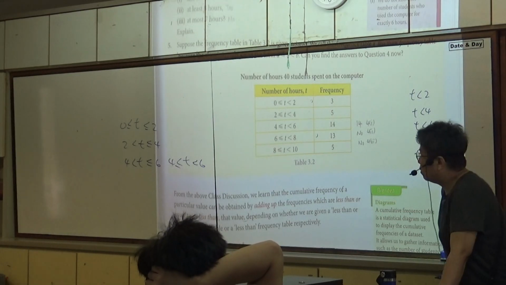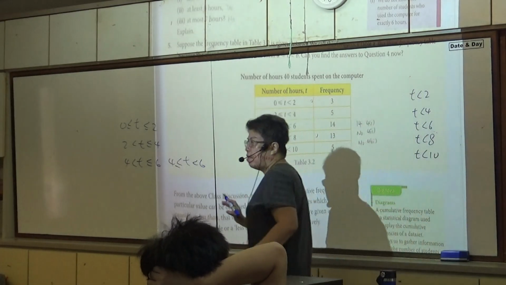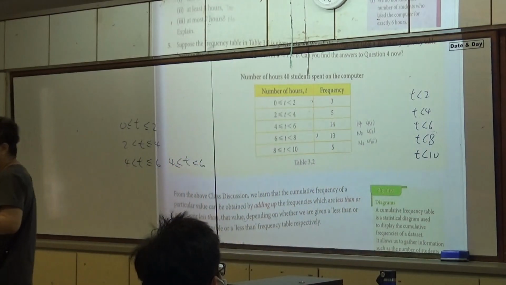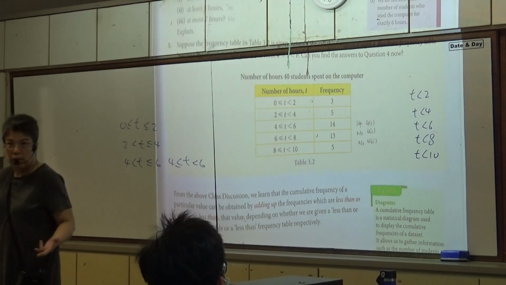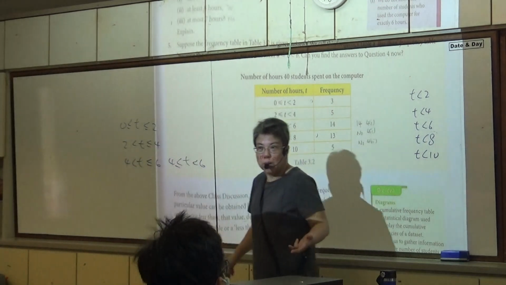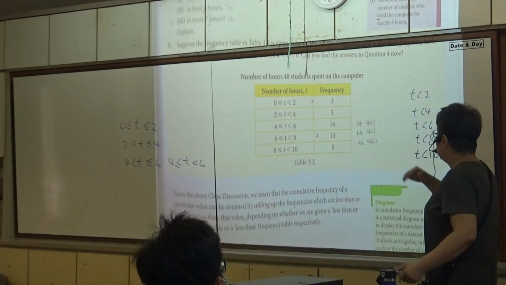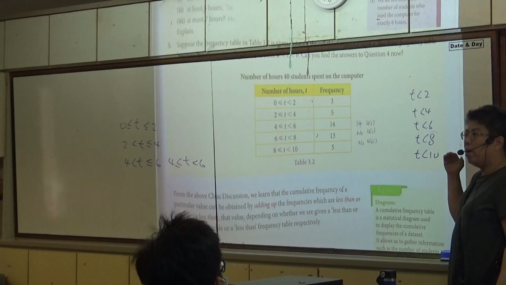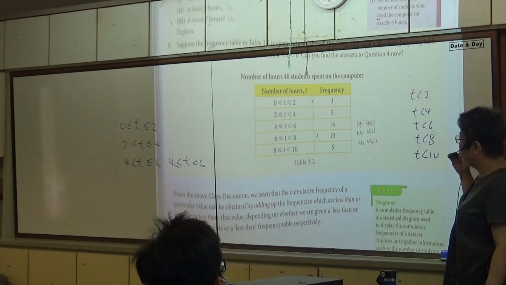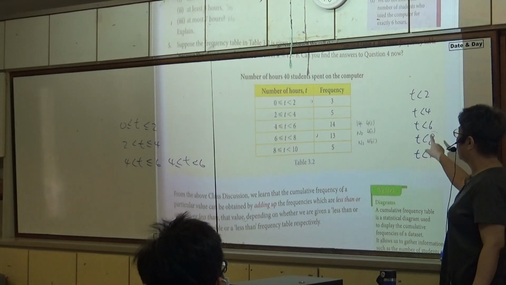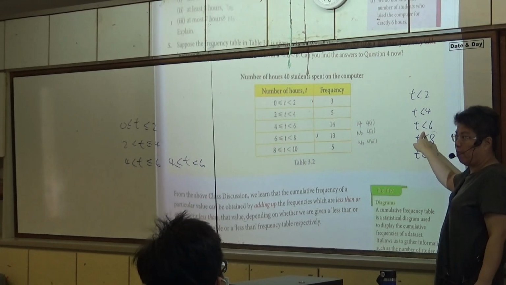Everybody clear? Now, don't worry. In the exam, you'll be very, very clear whether it is less than or less than or equal to, because it means a different thing. You understand? Okay? That means if I want, let's say this is the number of hours 40 students spend on computer. Less than 6.